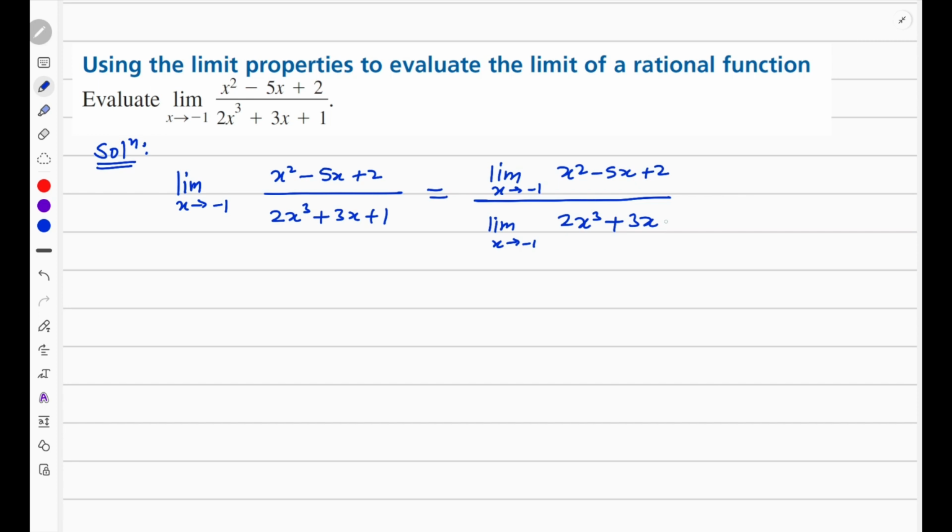We can write it, the limit of numerator and denominator separately. After that, we can apply the properties. So we can take the limits of each and every term individually.